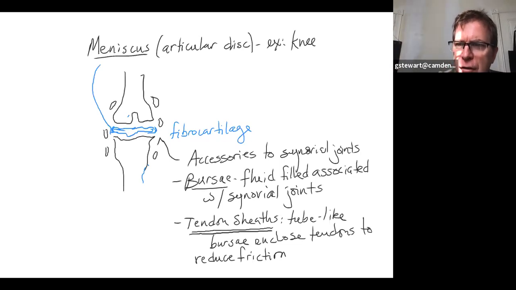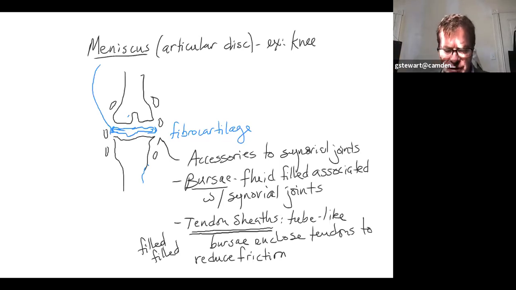They're fluid filled, just like bursa. Imagine this. If a tendon is a hot dog, the bun that wraps around the hot dog would be a tendon sheath. It's a protective device that allows a smooth articulation, movement of that tendon in a very bony, dangerous area.